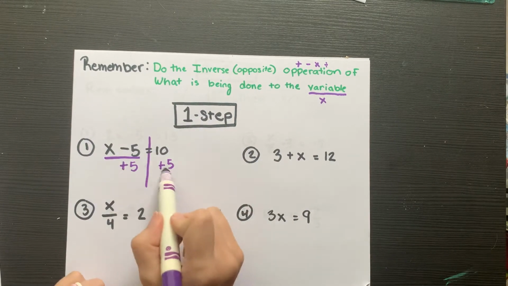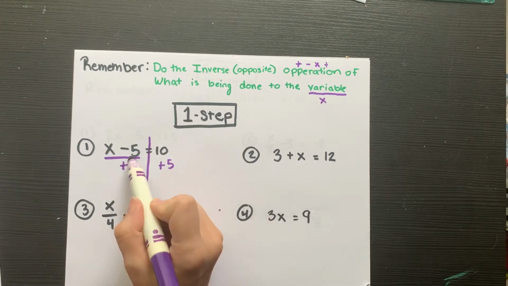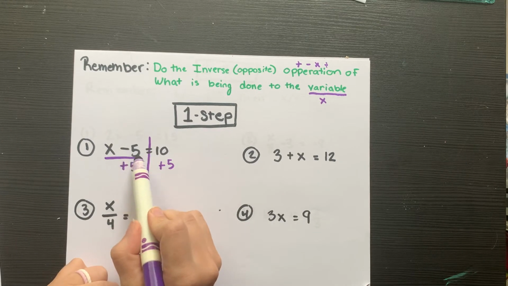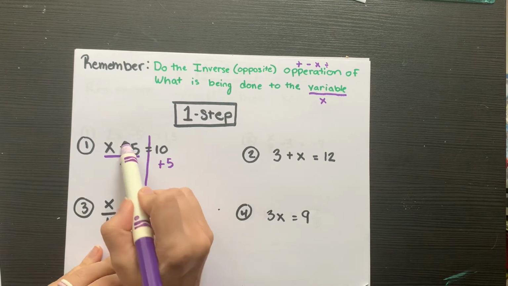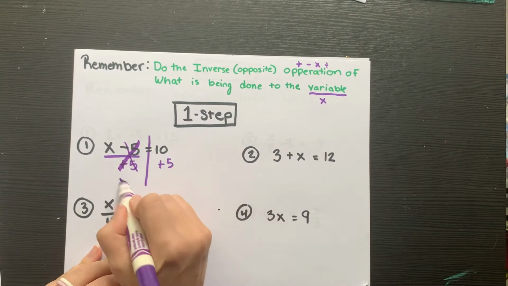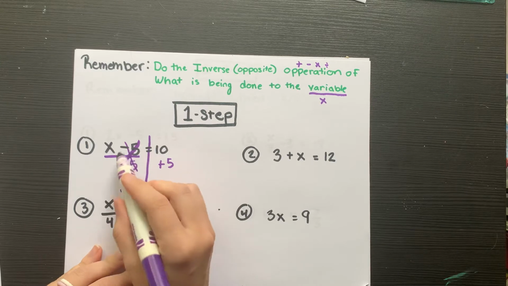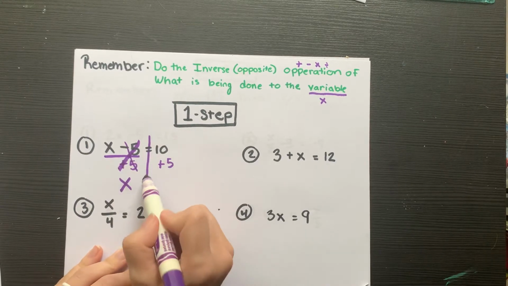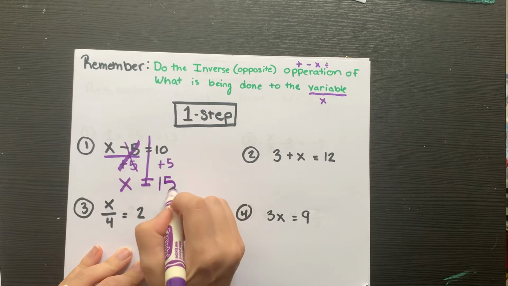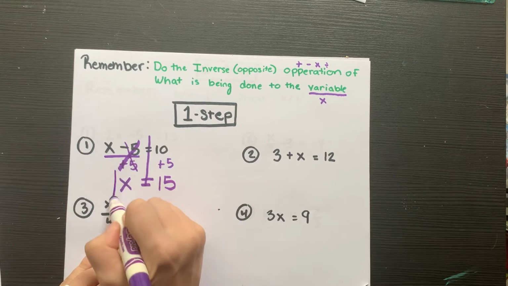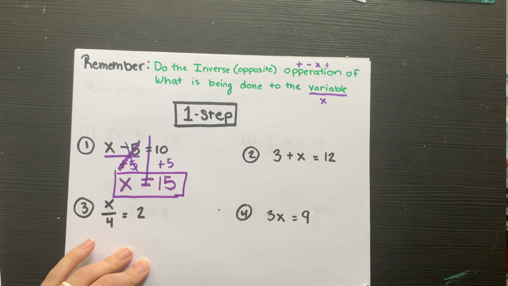We want to plus 5 to both sides. When I do a negative 5 added to a 5, plus and minus would cancel it out. That means X is the only thing left on this side, equals, and then 10 plus 5 is 15. So for number 1, we've got X equals 15.